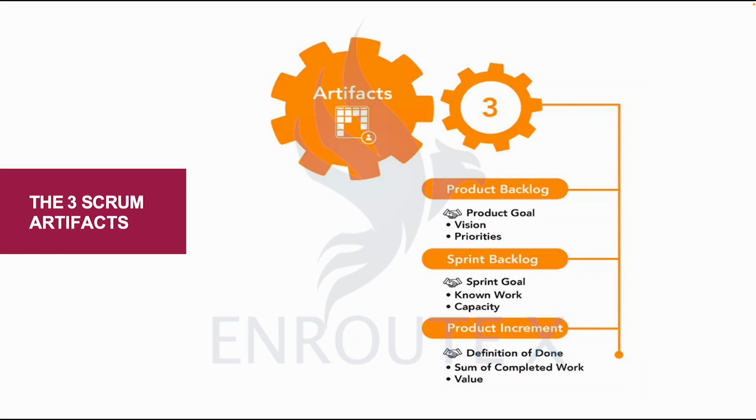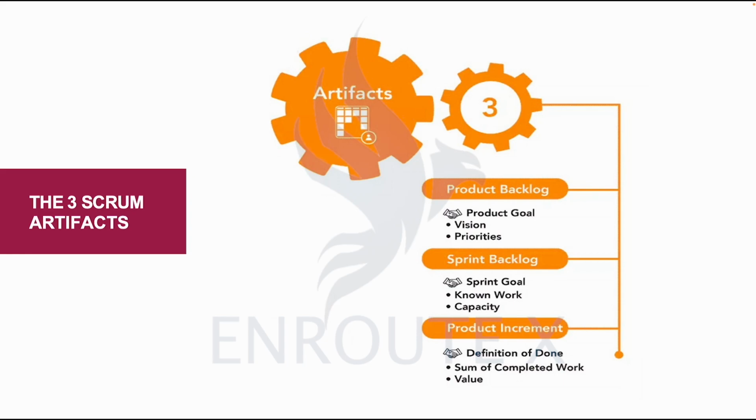So we are here at the final part of the 353, talking about the second 3. And those are the product backlog, the sprint backlog, and the product increments. I want to believe by now we have some understanding of what these artifacts are.